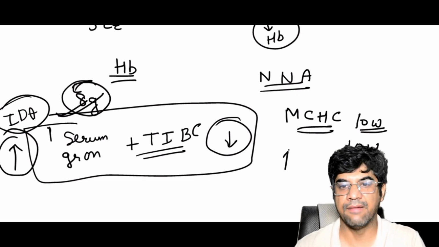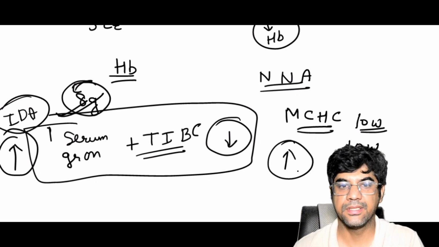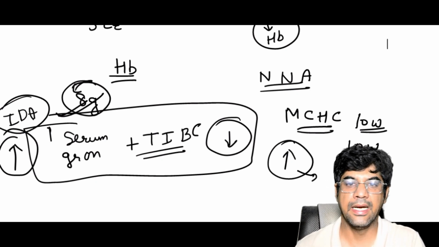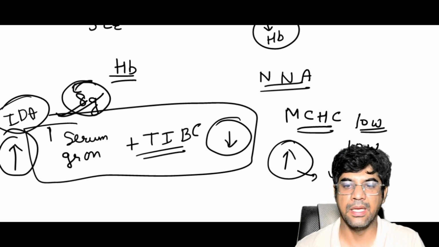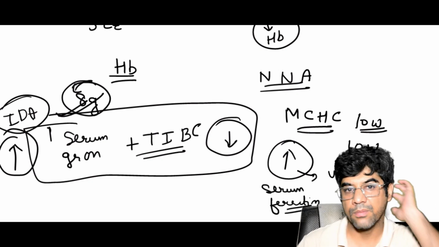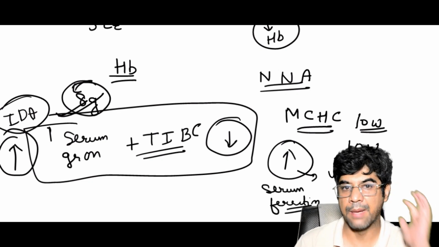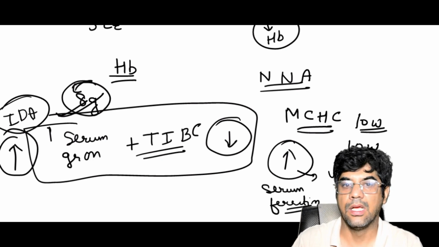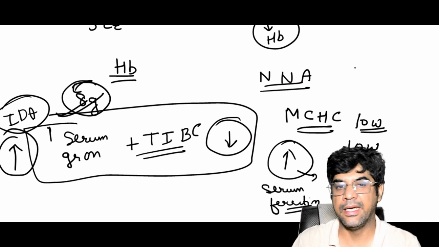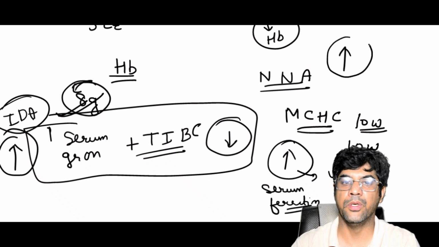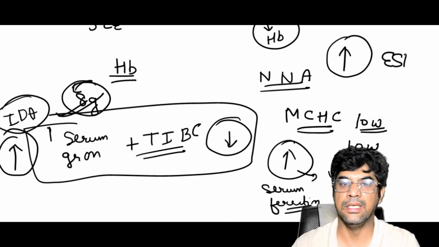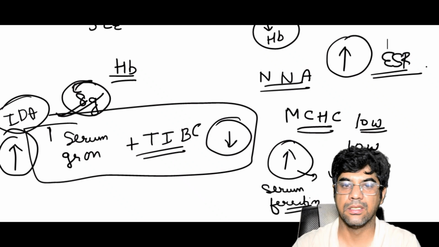The serum ferritin level is increased, which indicates that adequate iron stores are there, but there is impaired utilization. Apart from that, you will see gamma globulins, haptoglobins, alpha-1 antitrypsin. These all contribute to increase in the ESR.